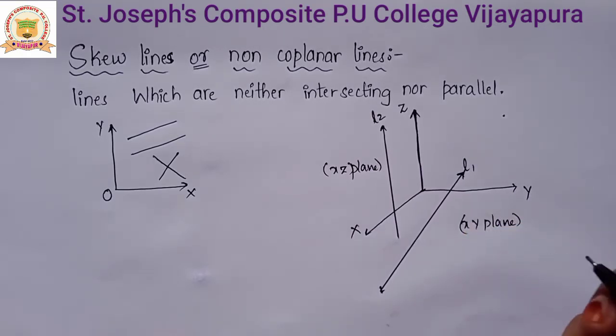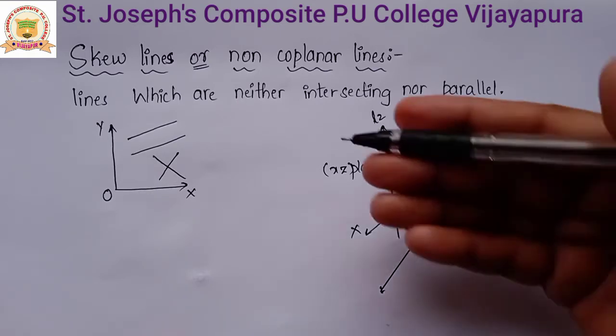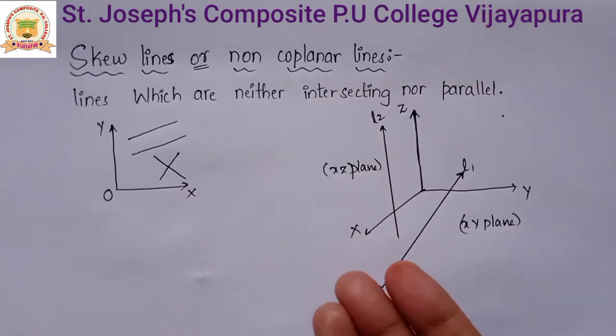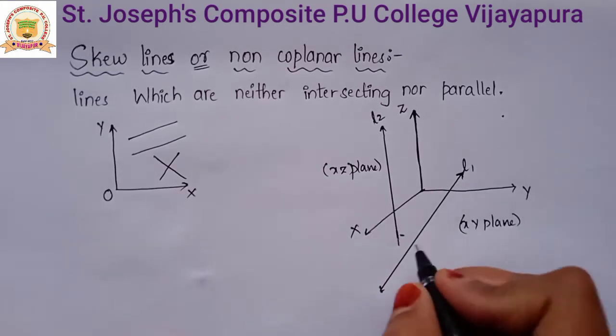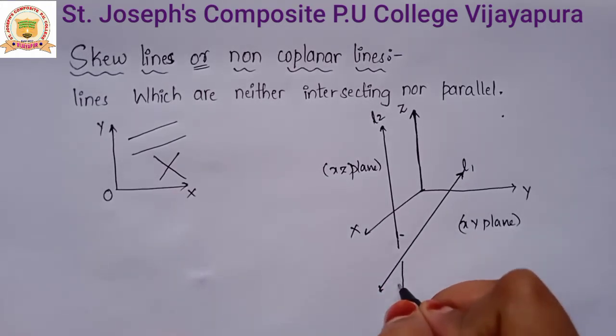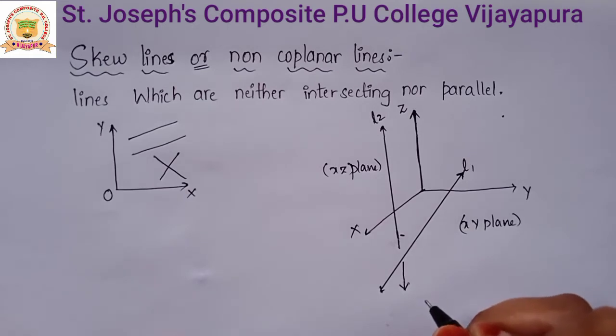Look at this, both the lines, whether they are intersecting. No, because this is lying in the xz plane and this is lying in the xy plane. But when you extend this, it looks like they are intersecting, but actually they are not intersecting.